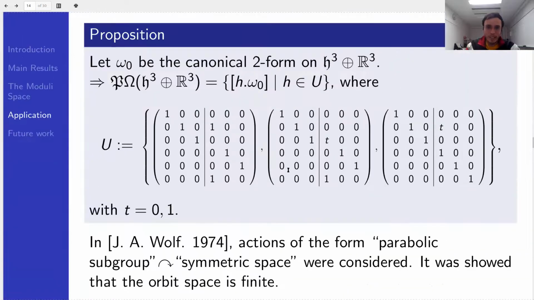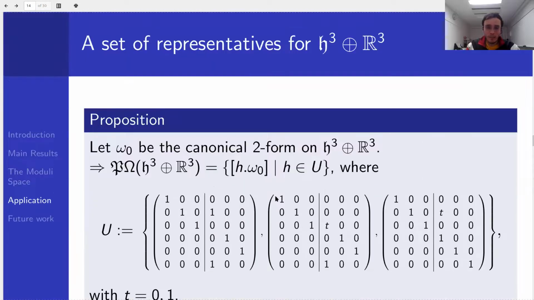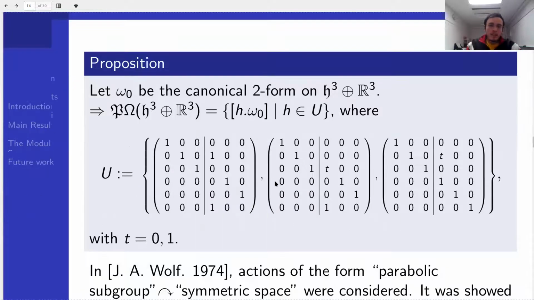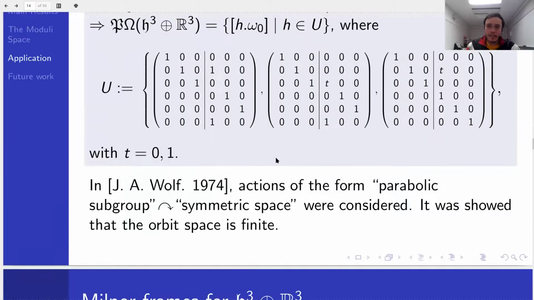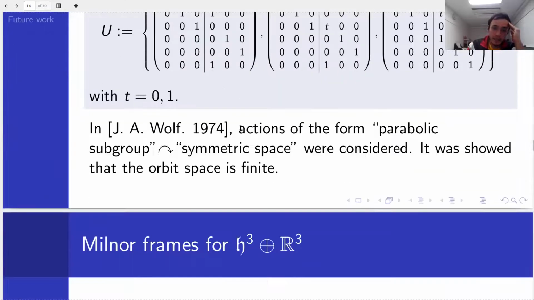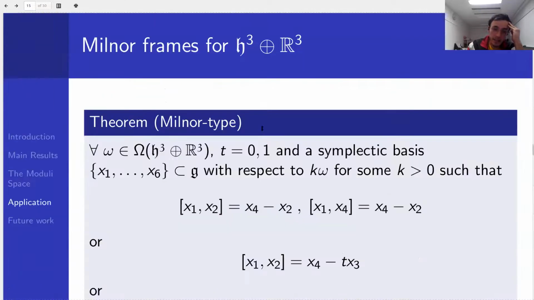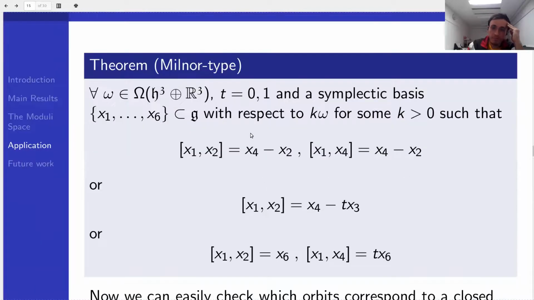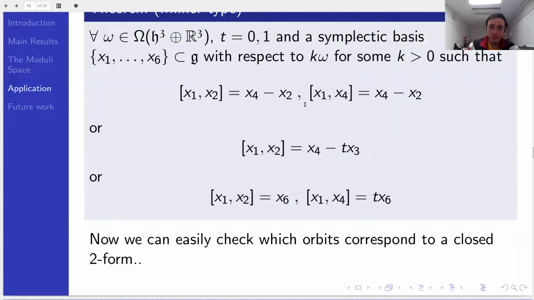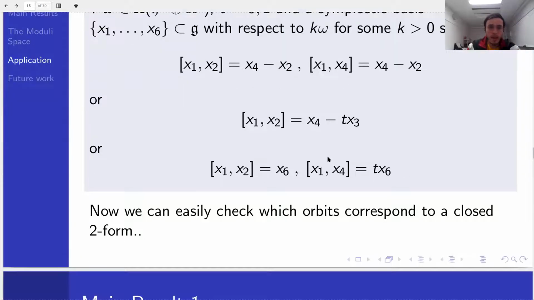And just going back to the set of representatives, it happens that this element here for t equal to 0 is the one that corresponds in the orbit space to the only orbit that has a closed two form. So that is the strategy: the idea is to obtain these kind of Milnor type theorems and then search for the orbit that corresponds to closed two forms.